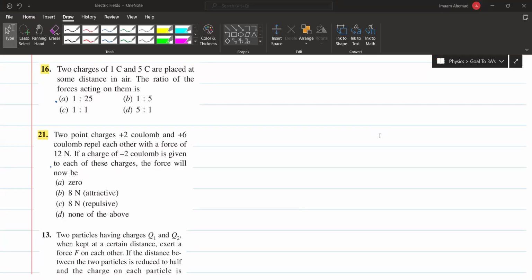What's the answer? Okay, I'm getting many messages. Those who got the 16th correct can try the 21.